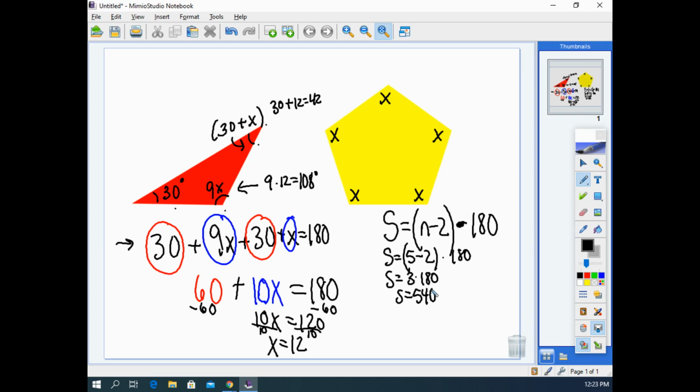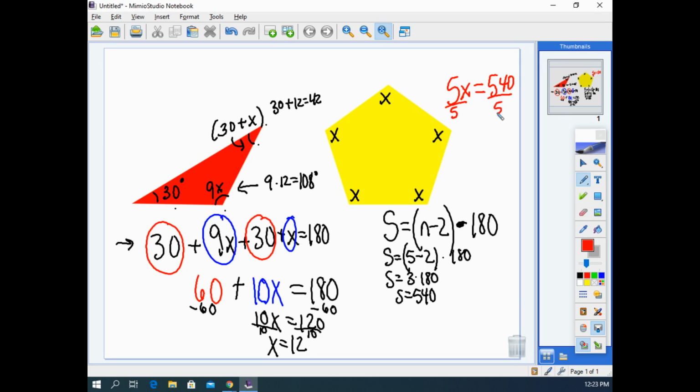So to find out what x is, I need to add up all the x's. There's 5 of them, so I know that that would be 5 times x. So I'll write up here 5x should equal 540 degrees. Divide both sides by 5.